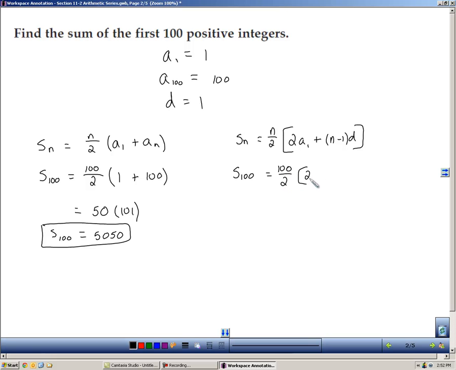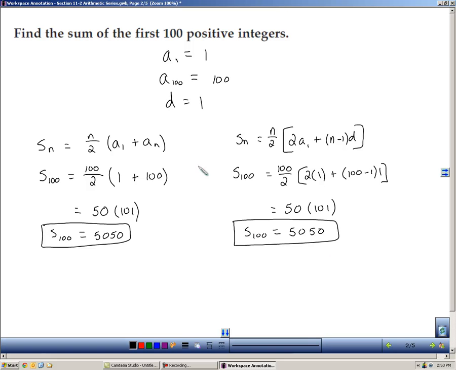And in this formula, we'll do 2 times the first term plus n, which is 100 minus 1, times the common difference, which is 1. So this is 50, again, times 101, which is the same value, 5,050. So it doesn't matter which version of the formula you use. If you know the d, you can use this one. If you know the last term, you can use this one. But both of them give you the same value for a series.